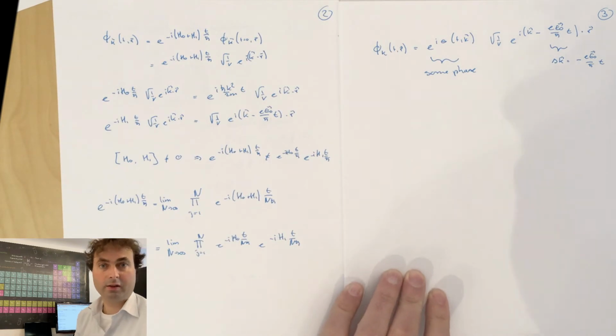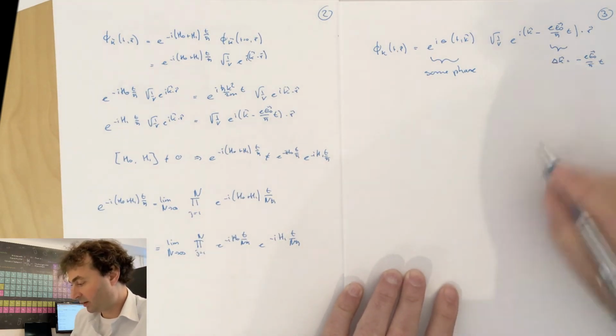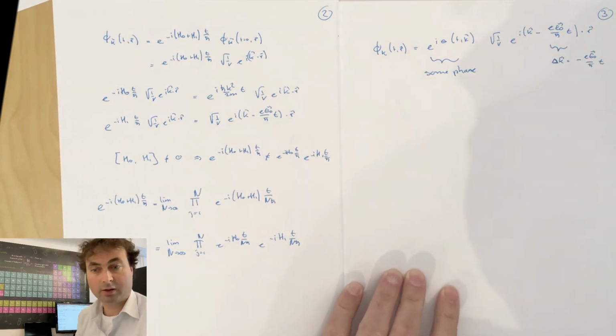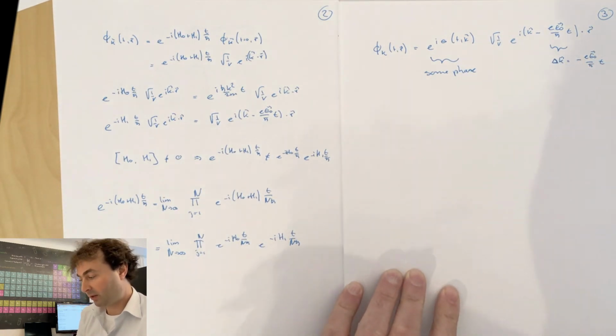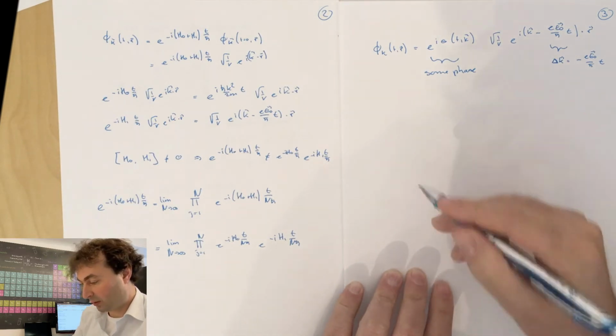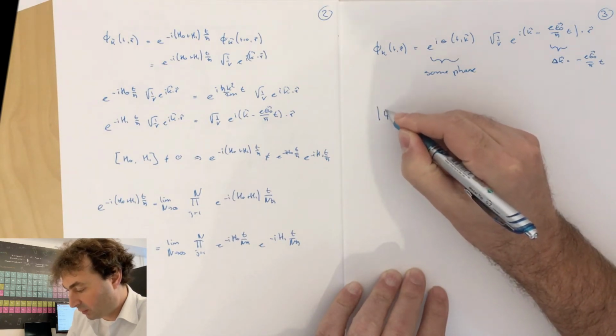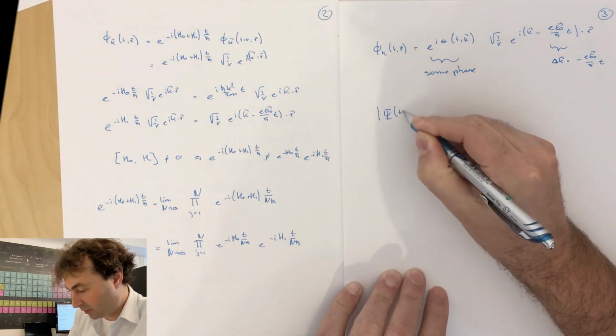Now this is the behavior of a single electron. A single electron is getting accelerated such that its k vector, its momentum, changes with minus e0 over h bar times t. Now let's have a look at the many electron wave function.